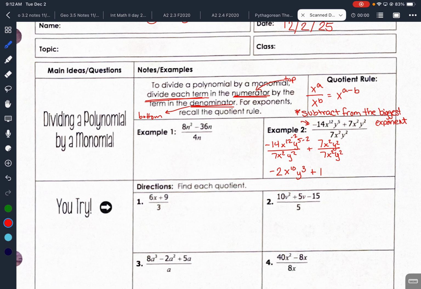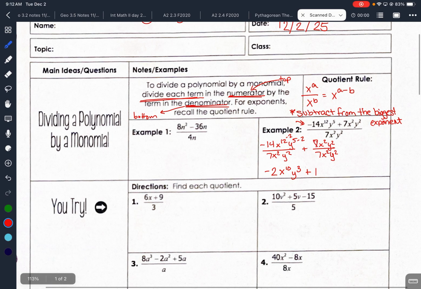Y squared divided by y squared is 1. And 1 times 1 times 1 is 1. So the answer is what? 1. Everyone see how that worked? Because this was 1, this was 1, and this was 1, because they're exactly the same, right? So the whole thing is just 1.